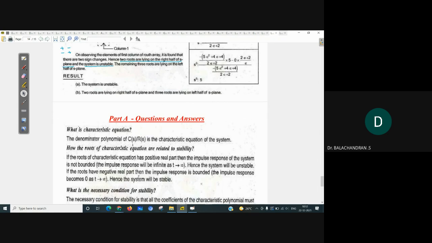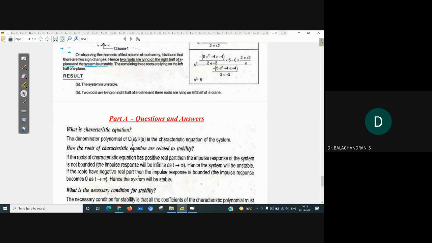How are the roots of the characteristic equation related to stability? This is a somewhat important question. If the roots of the characteristic equation have positive real part, then the impulse response of the system is not bounded.